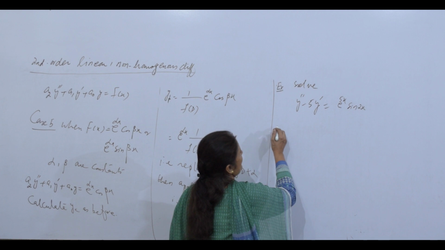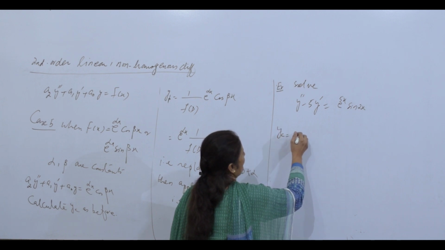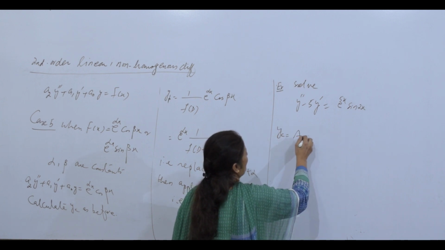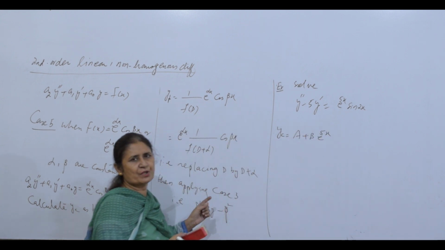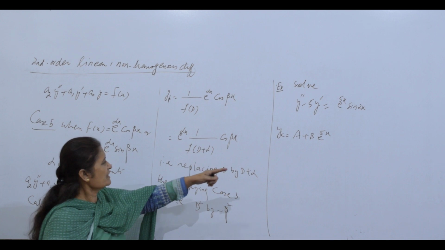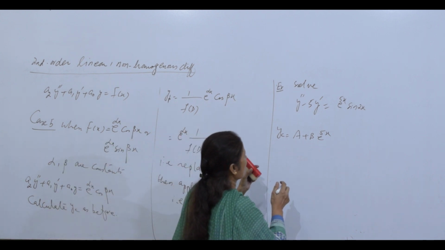So yc I have calculated, if you remember, roots 0 and 5, a plus b e^(5x), because this is the question we have solved. I am talking about the same thing.